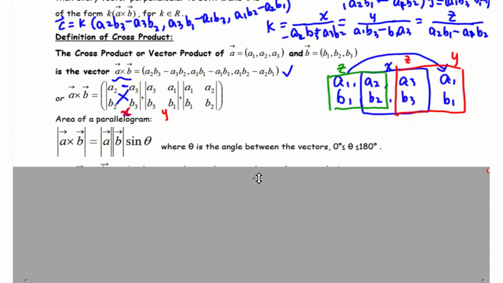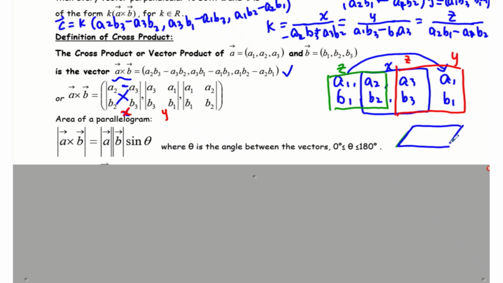And later I will show you another way to memorize it. Where are we going to use it? The area of a parallelogram. If we draw it, one side is A, another side is B, then the height is the magnitude of A times sine theta, and times the magnitude of B gives our area.